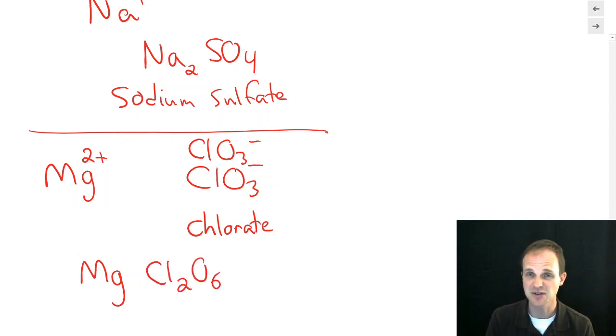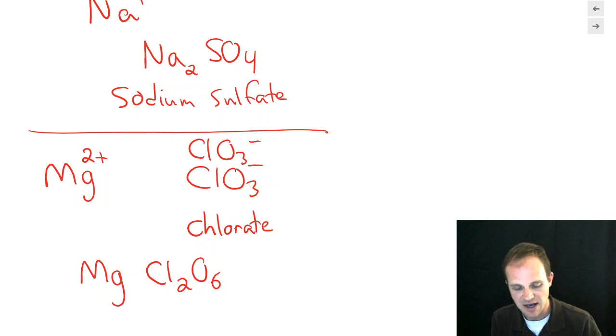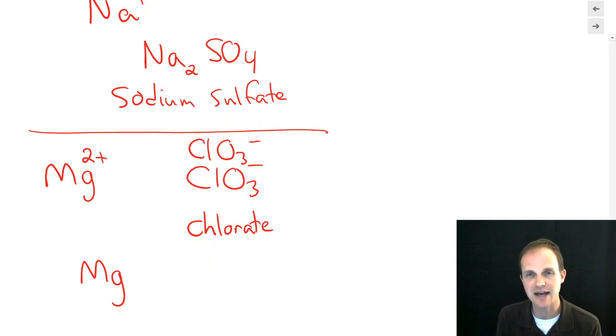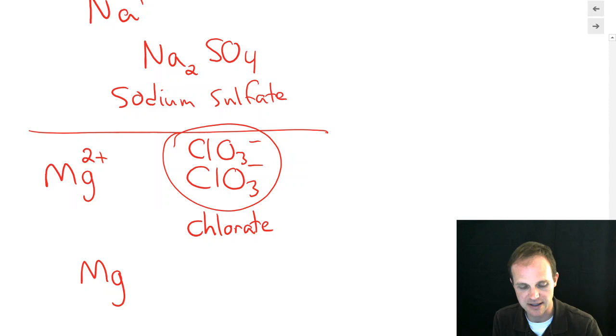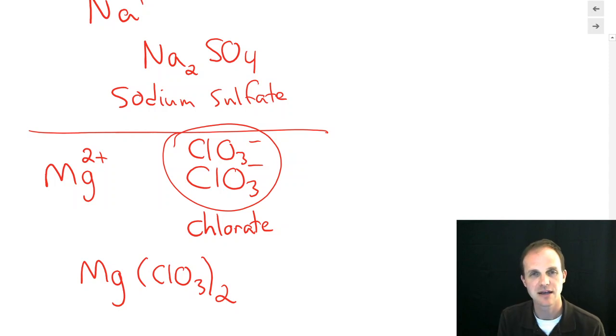They say Cl2O6, and technically it's not wrong because you've got 2 chlorines and you've got 6 oxygens, but we don't do that because when you write it that way, someone looking at it won't know that you had chlorate to begin with. And what we want to tell them is, hey, we've got 2 chlorates. And so what we do is we actually just put it in parentheses. And we say we've got chlorate, and we've got 2 of them. Mg, parentheses, ClO3, parentheses, 2.